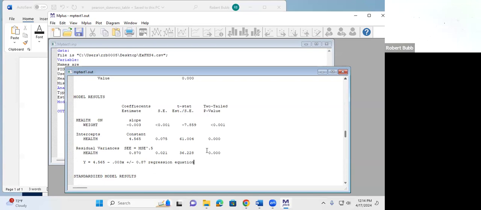Of the different coefficients? Yeah, so in this case, our slope, again, rise over run, so every 1 unit or 1 pound increase in weight, because we measured in pounds, is resulting in a decrease in self-reported health of 0.003.